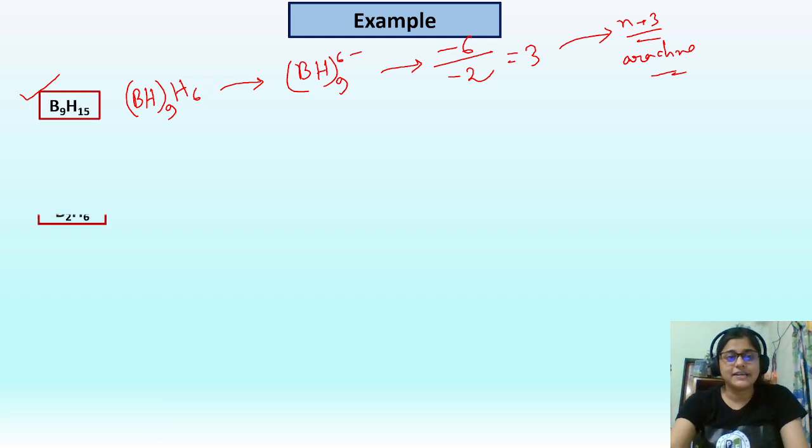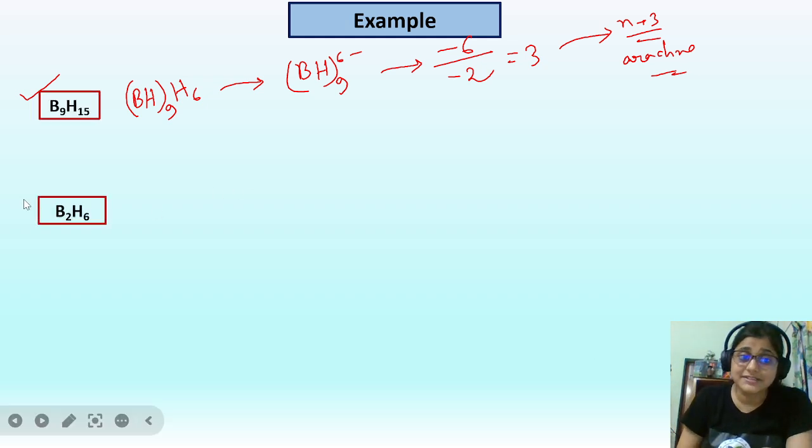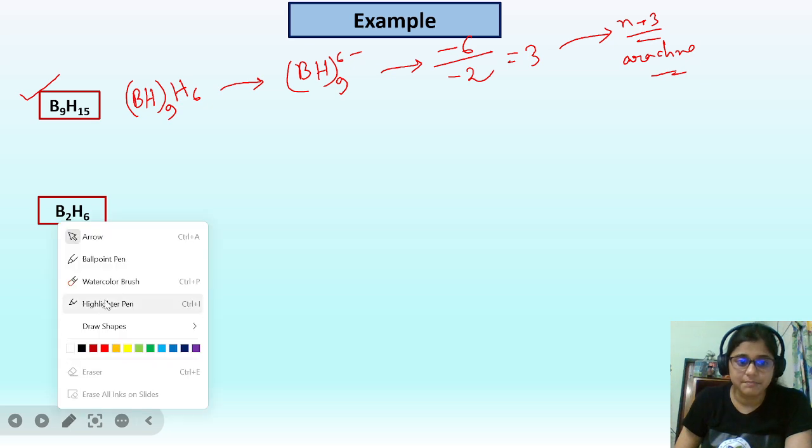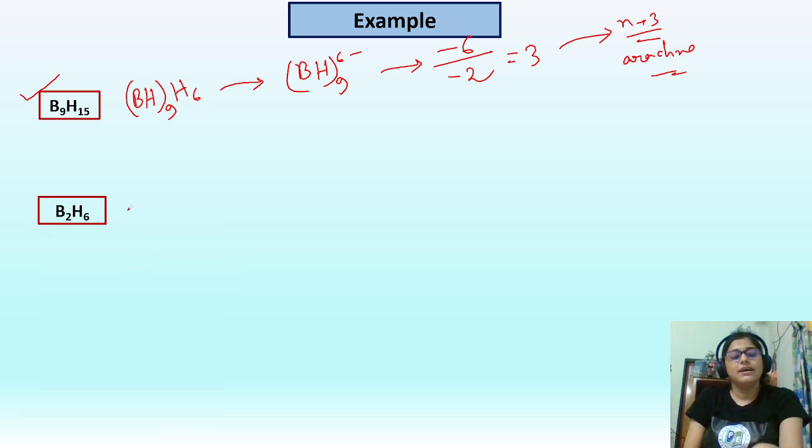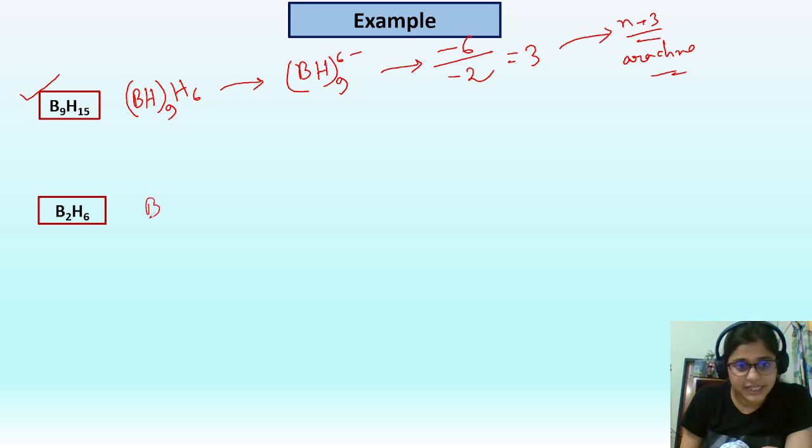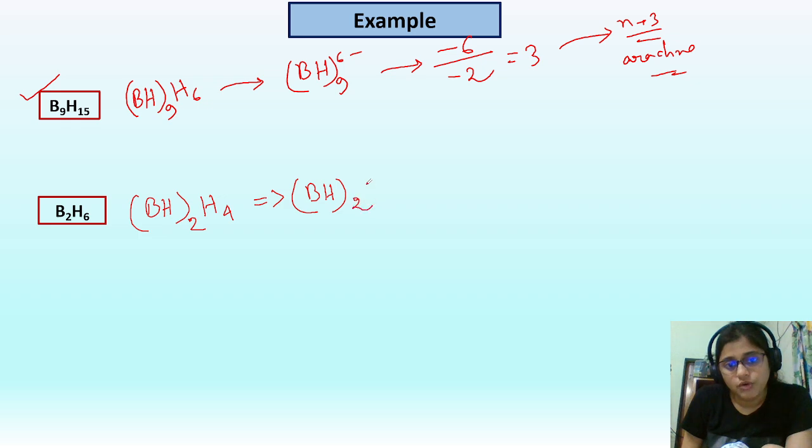Let's take another example, B2H6. This is diborane, a very famous example. Let's just solve it. First the BH unit, right? It will be (BH) whole 2 and H4 will be outside. Now (BH) whole 2 and 4 minus, right?